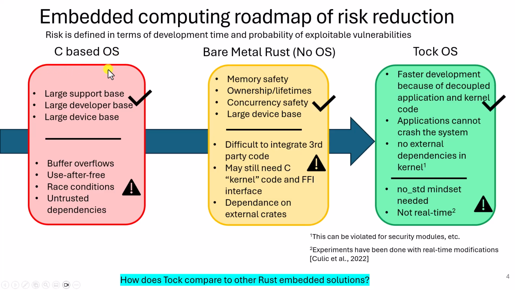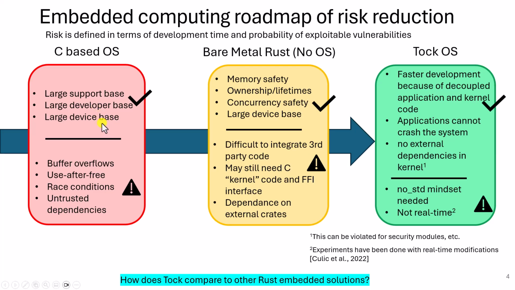The benefit of that is that there's a large support base for a lot of the C-based operating systems, and because of that, there are a lot of developers that work on those. So there's a large developer base to make sure that schedule can be met. There's also a large device base because of the support base and developer base, so that many embedded devices support C-based operating systems, or operating systems that support many devices.